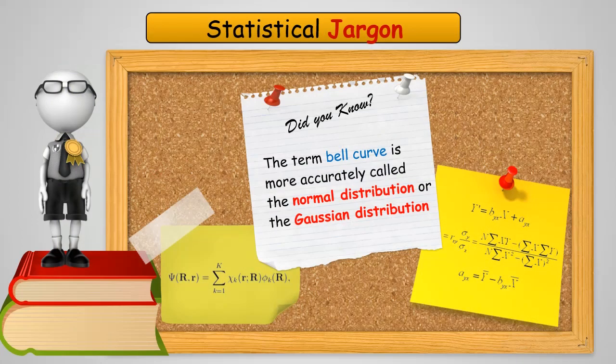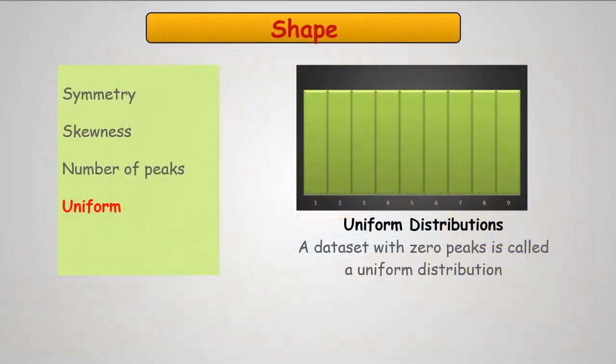Though it's commonly known as the bell curve, it's more accurately described as the normal distribution or Gaussian distribution. Finally, in the shape, uniform distributions show a data set with zero peaks, and that we would again refer to as a uniform distribution. There's very little information I can obtain from that.